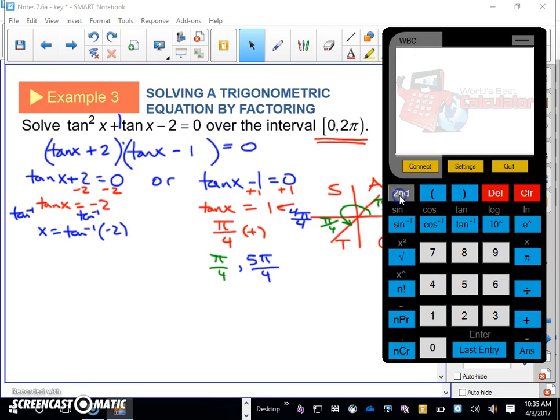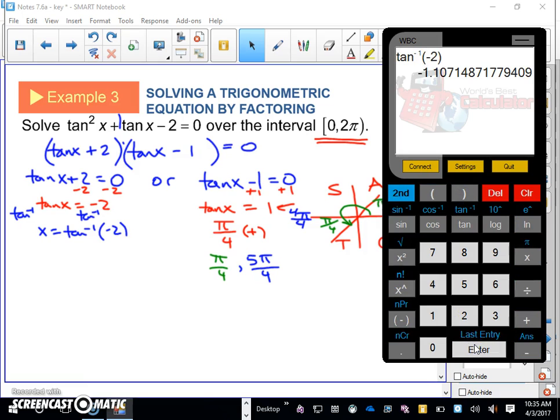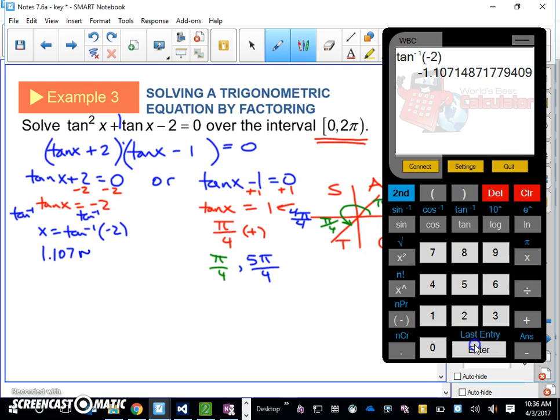We're going to do an inverse tangent of negative 2. And you have to be smarter than your calculator here, because that answer it spits out is not the answer. It looks like we have a negative 1.107, but you have to remember the what and the where.